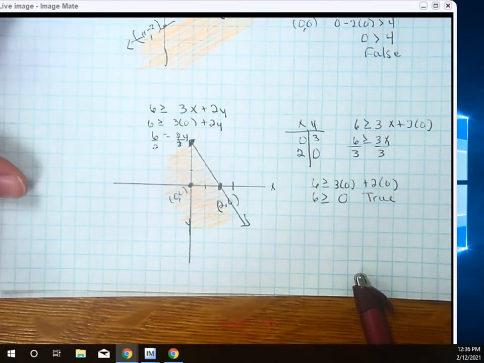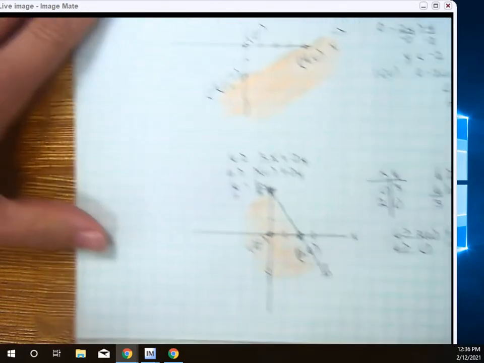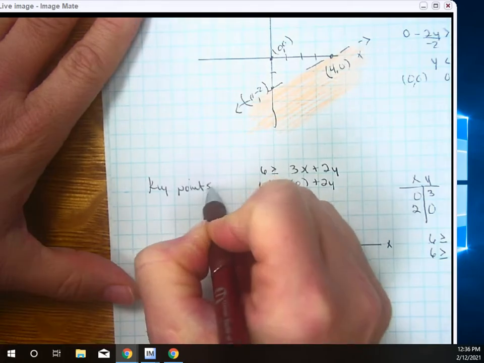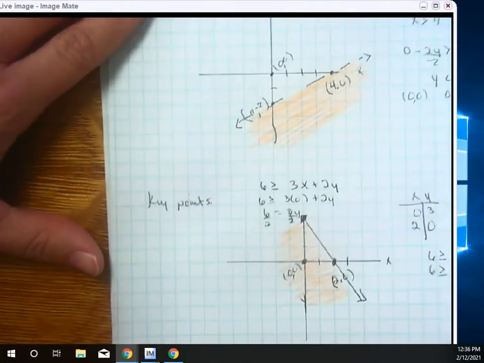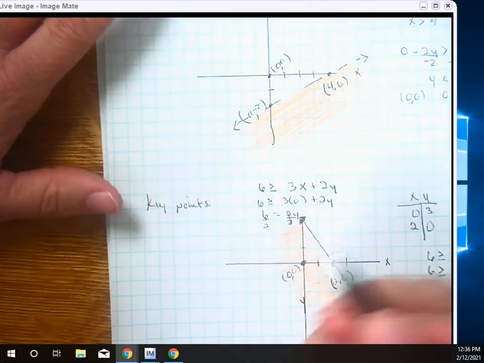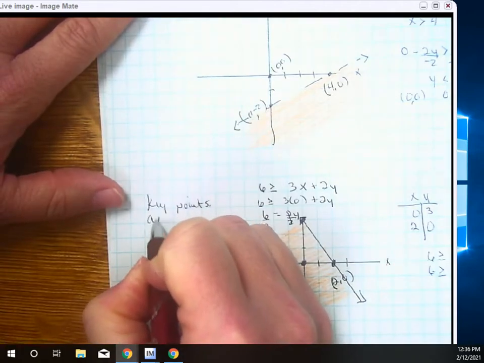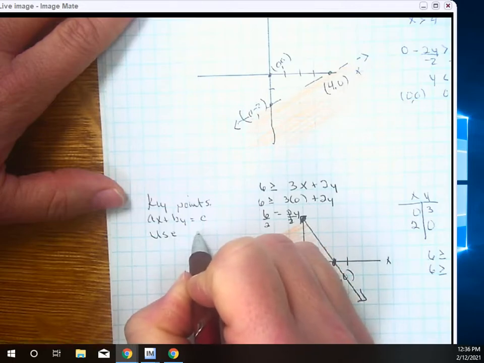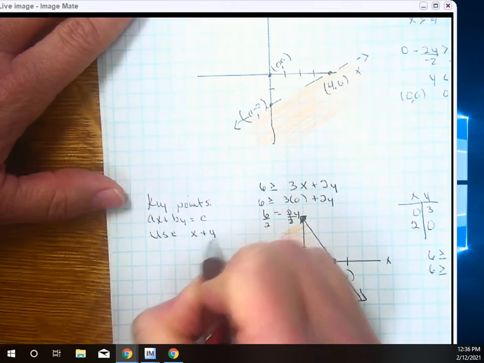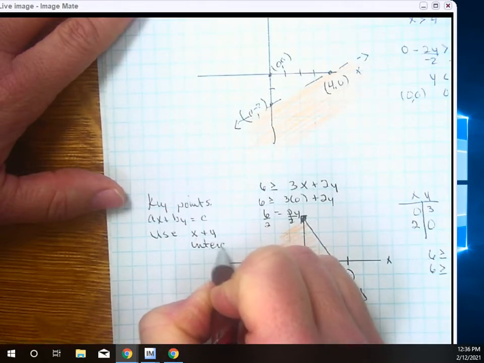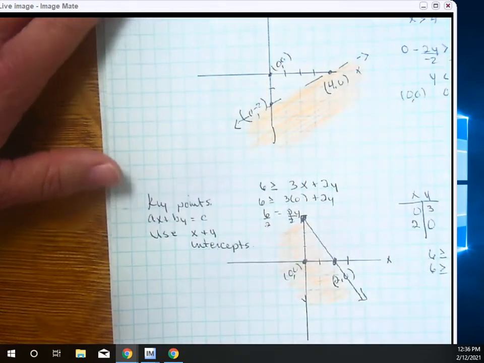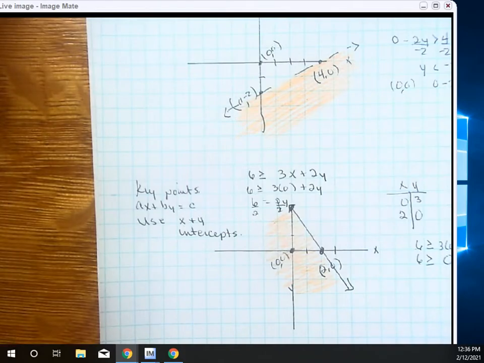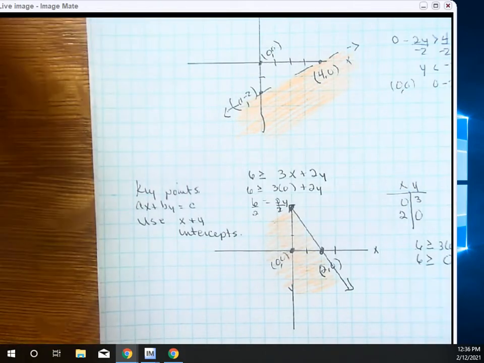All right, some key points to the shading of inequalities. If it's in standard form, ax plus by equals c, use the x- and y-intercepts. Do not solve for y and then use a calculator. Just plug in your 0 for the x, solve for the y, plug in the 0 for the y, solve for the x.